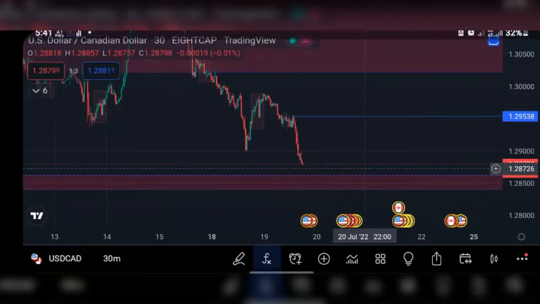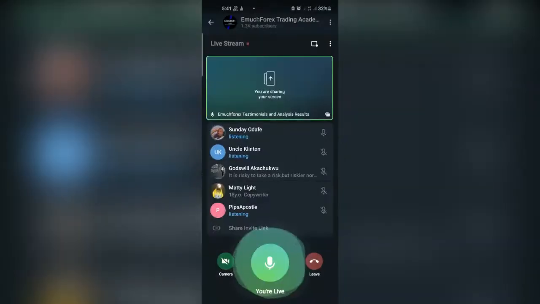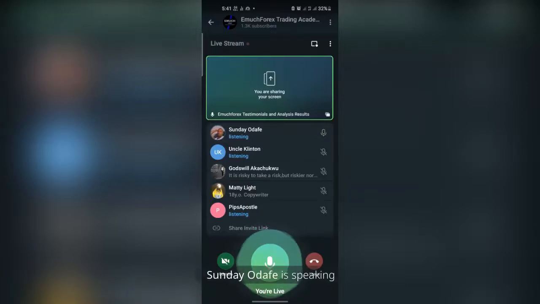Now, trading off a 30 minutes time frame can be more like a risk entry. The essence of a lower time frame is to confirm the move. Do you understand? Yeah, I'm getting you. The essence of a lower time frame, like the 5 minutes time frame, the 3 minutes, and the 1 minute time frame, is to be sure that the move will definitely work.